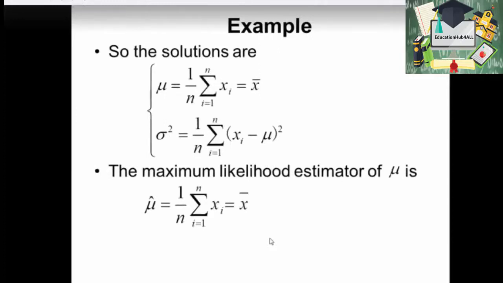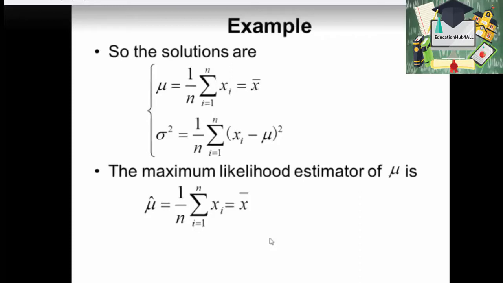Okay, so for the normal distribution, the maximum likelihood estimate of mu is exactly the sample mean, but for the variance, there is some difference from the sample variance. What's the difference between this estimate and the sample variance?